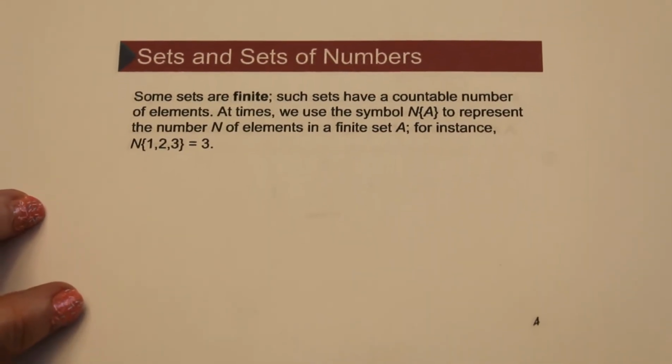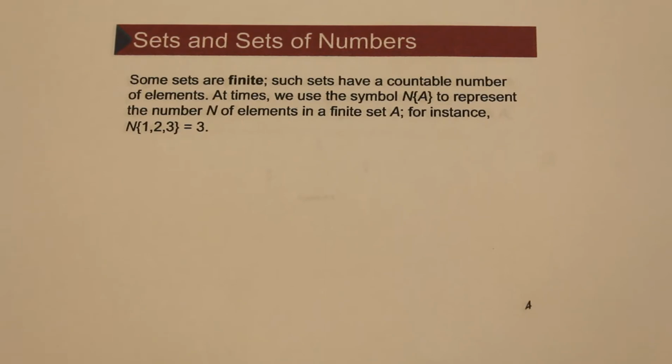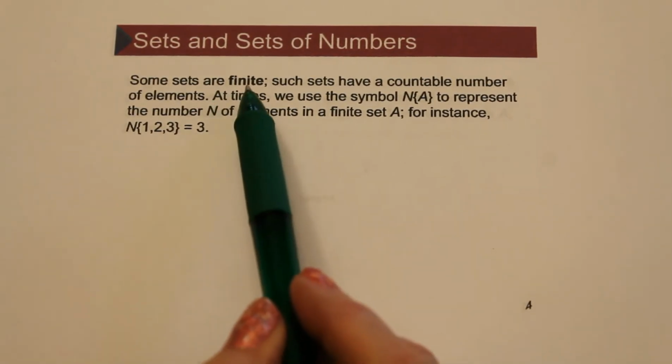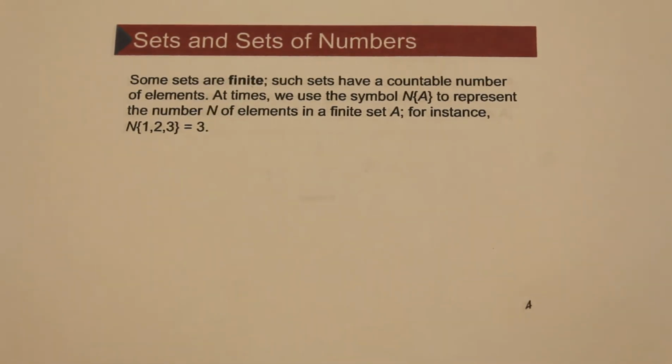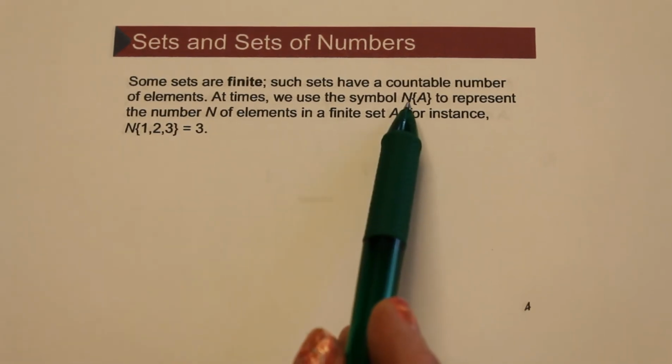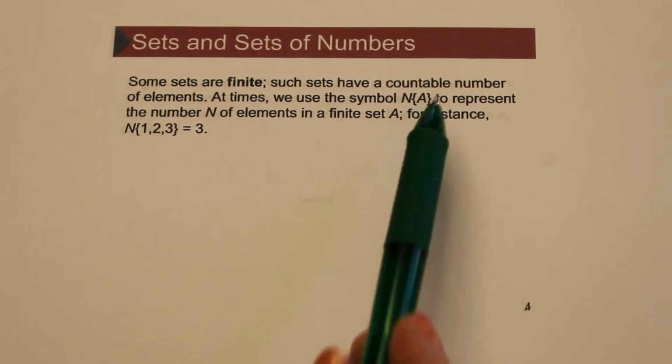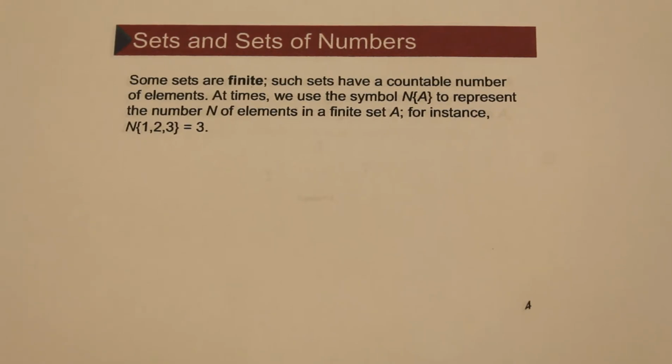We've seen natural numbers, and we've seen decimals, and we've seen fractions. Some sets are finite, which means there's a definite number of elements in the set. The number of elements in the set can be counted. We use the symbol n with parentheses and the name of the set to represent the number of elements in the set.